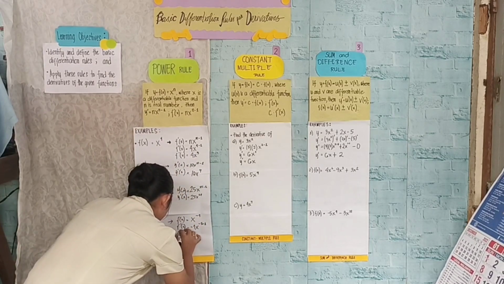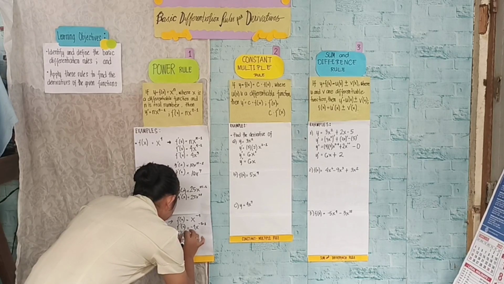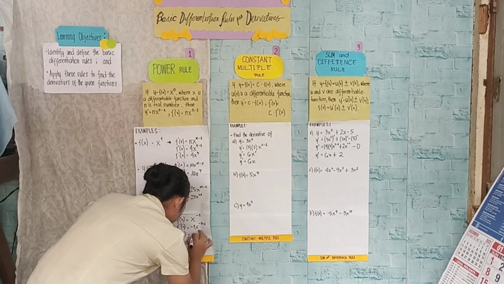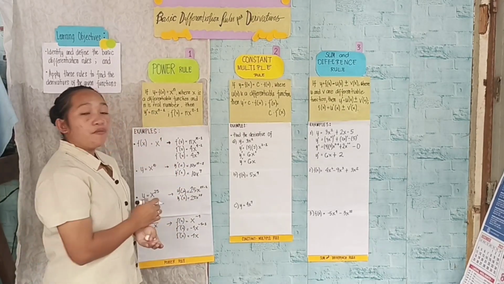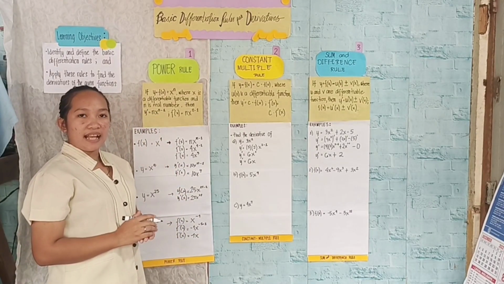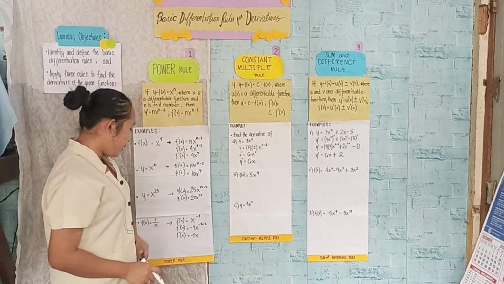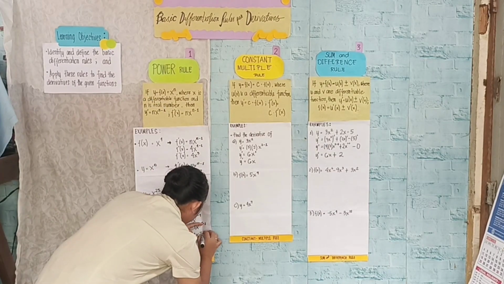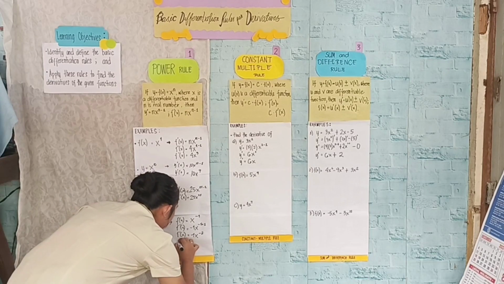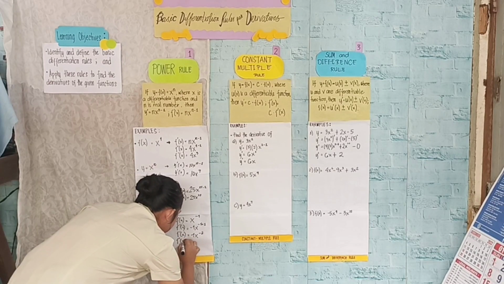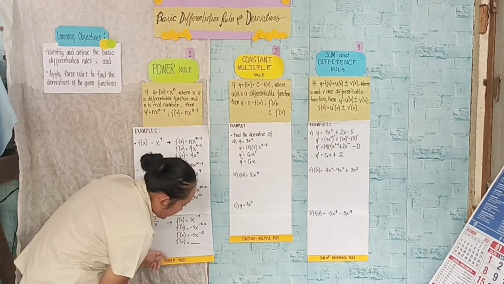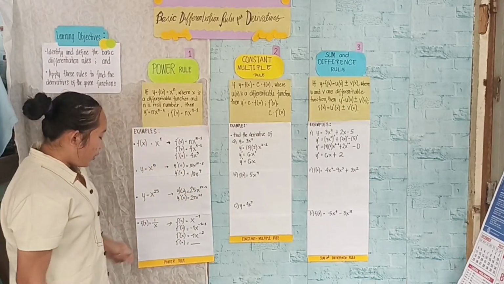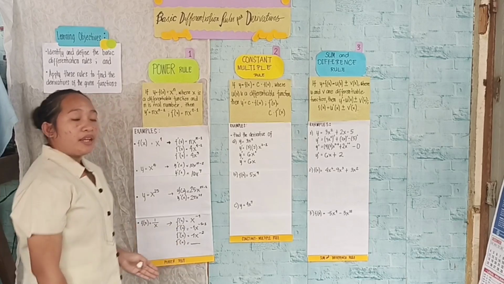Then, f prime of x is equal to negative 1x to the negative 1 minus 1. What is the answer? Okay, good. That is negative 2. So, f prime of x is equal to, a radical is mainly a fraction, so it has the numerator and denominator.